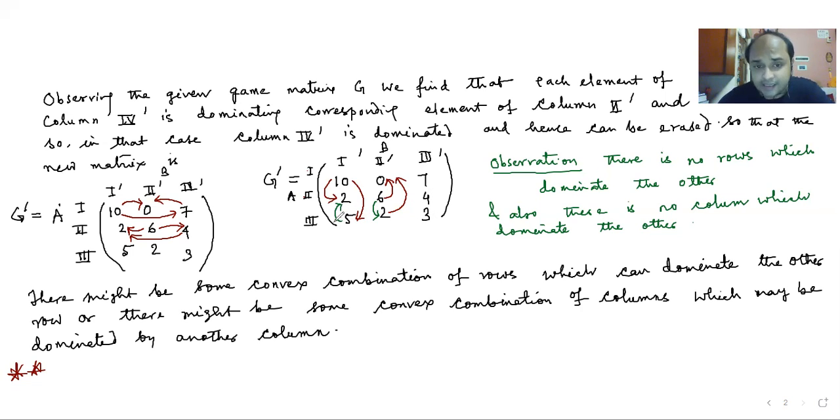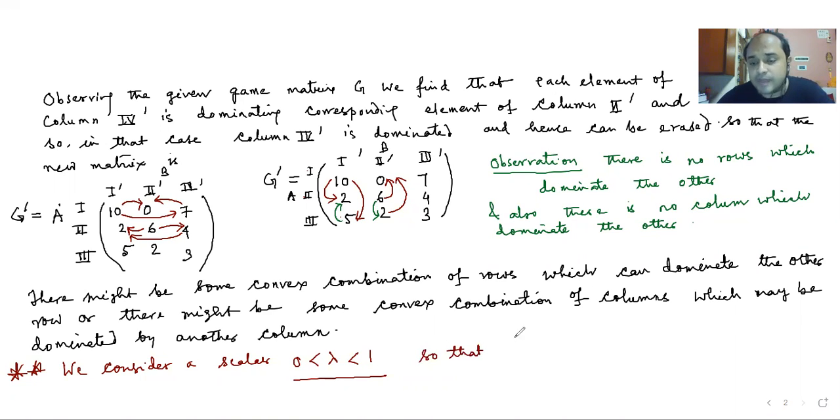I'm actually guessing that by looking at the size of the elements. So we consider a scalar lambda which lies between 0 and 1, so that these three things may happen. What are they? First, lambda into 10 plus 2 into 1 minus lambda can dominate 5.